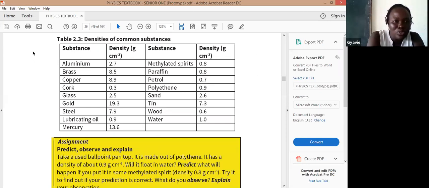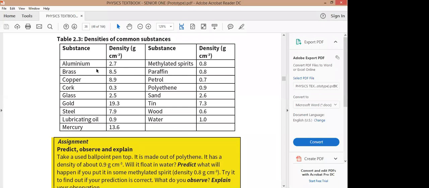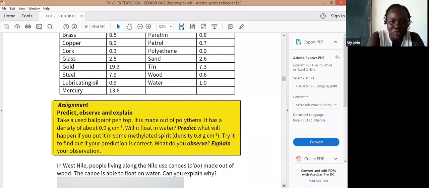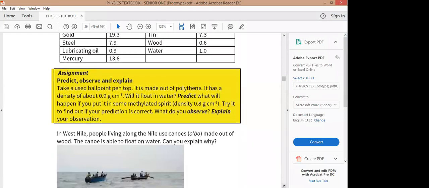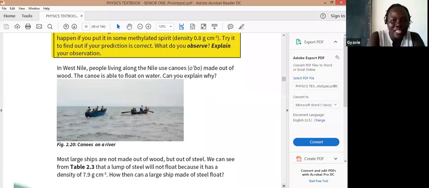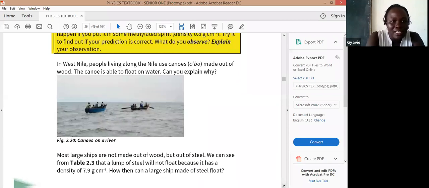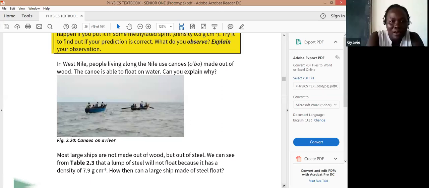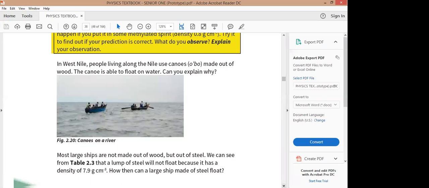We are not going to go through it now, but in your free time you'll check, because the main question here is for you to predict whether a substance will sink in water or not. There's an assignment down here. You'll read through. We may not go through it now, because the example we did was elaborate. When we move further down, they are showing us canoes. Probably I could have someone reading through from West Nile.